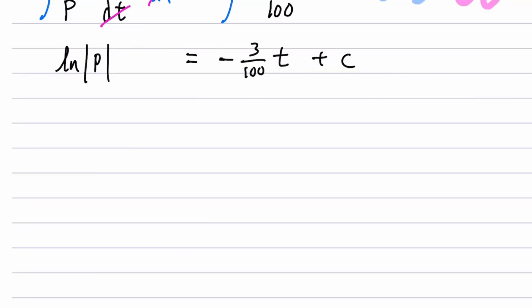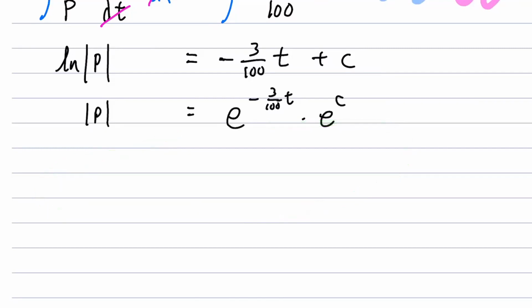So now I can e both sides. Okay, what do I get? So I get modulus p equals e to the power of -3 over 100 t. Don't just say -3 over 100. Then I can times e to the power of c. Then I put plus minus. You must tell me the full sentence.